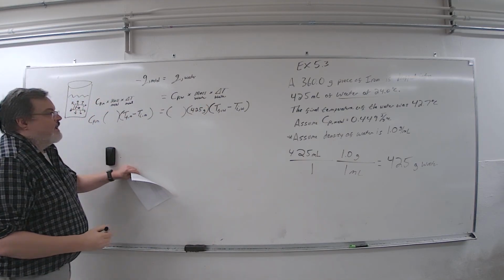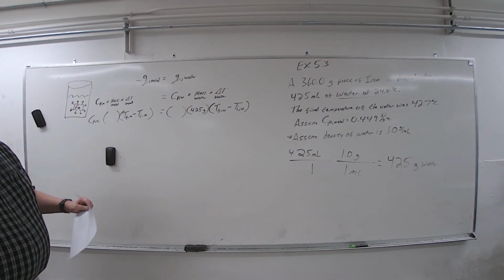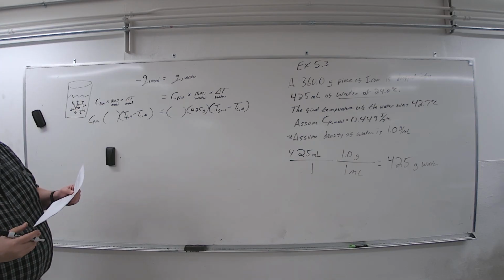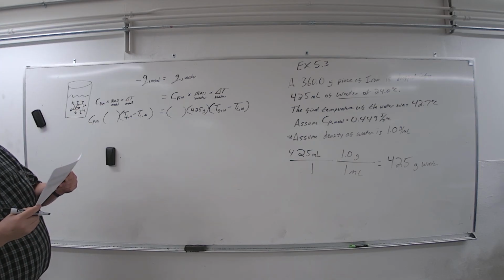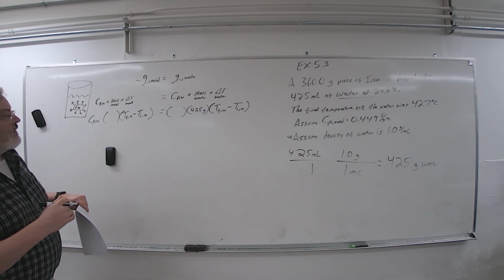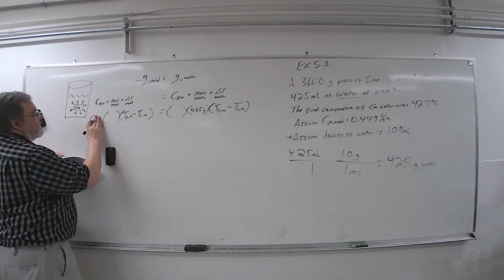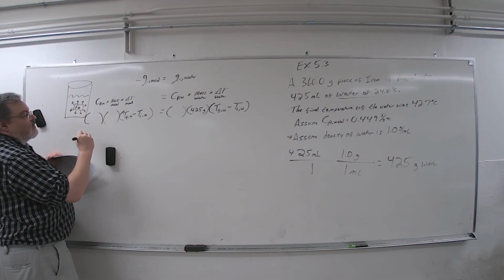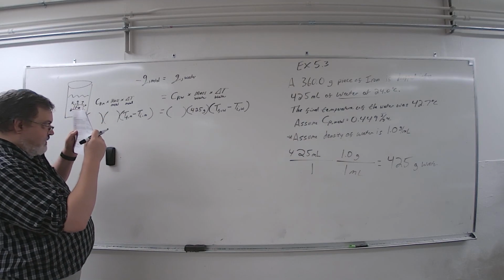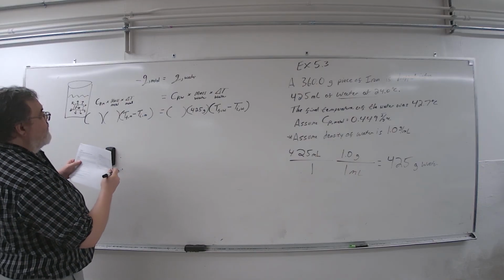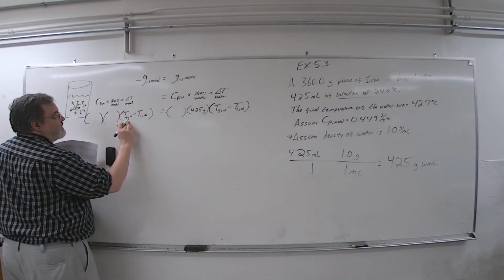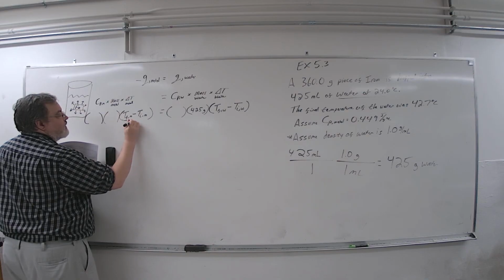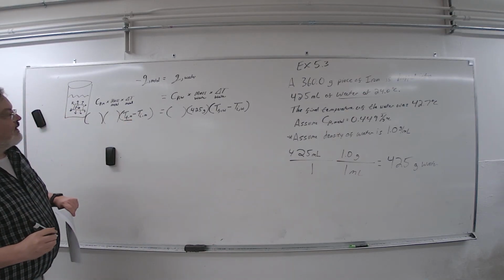All right. And it's an unknown metal. Is it unknown? Oh no, it's a known metal, okay. That's not what we're looking for. CP is not what we're looking for. Final temperature, we're looking for that. That's what we're looking for, final temperature of the metal.